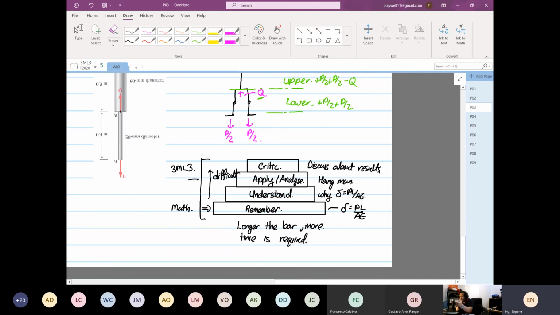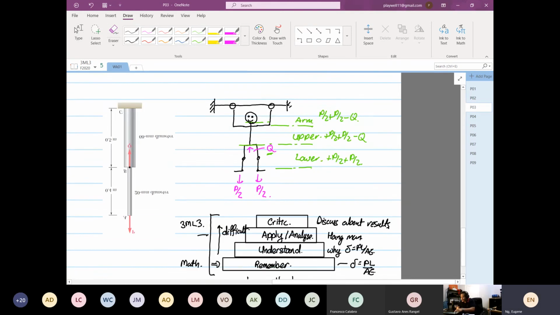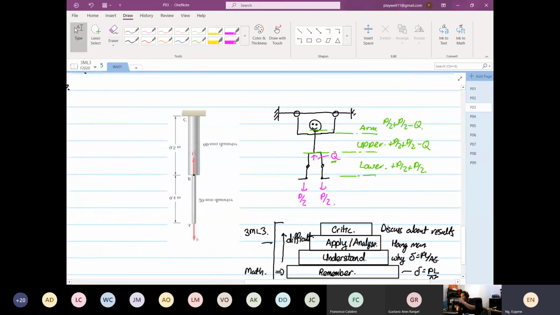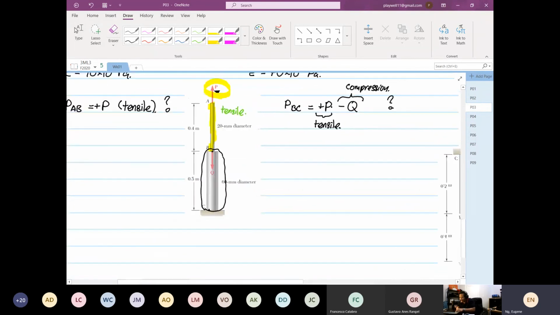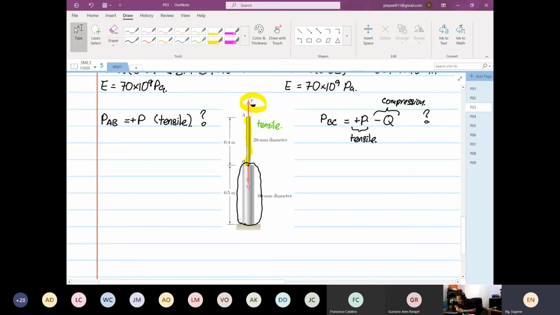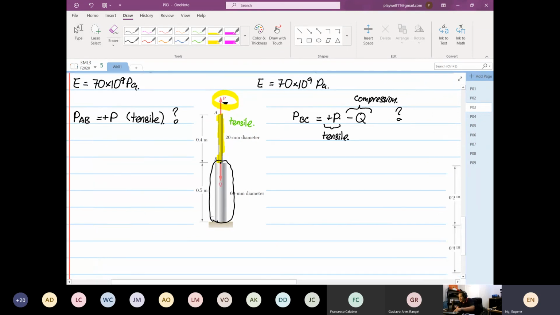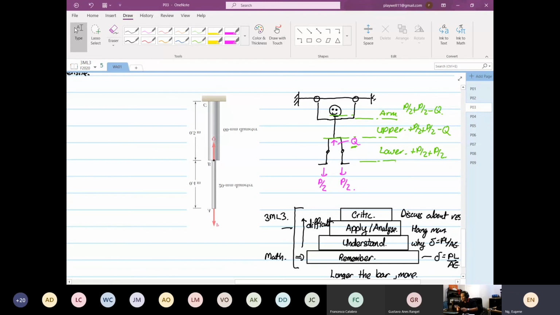And when it's more difficult, it does not mean it is impossible, because now you will understand what the hangman is all about. I have so many tricks to teach you to analyze a complete structure like this. Now you understand why PAB only sees the load P, and PBC sees the load P and minus Q. You just need to flip it upside down. Your hangman theory works.